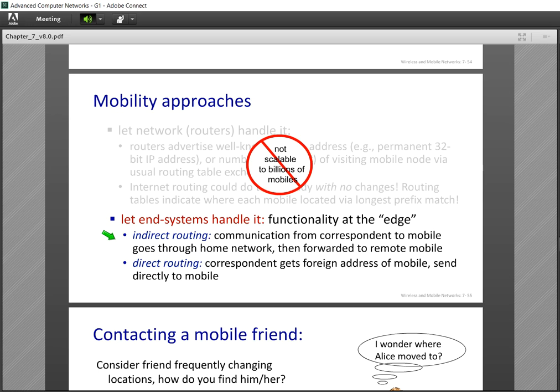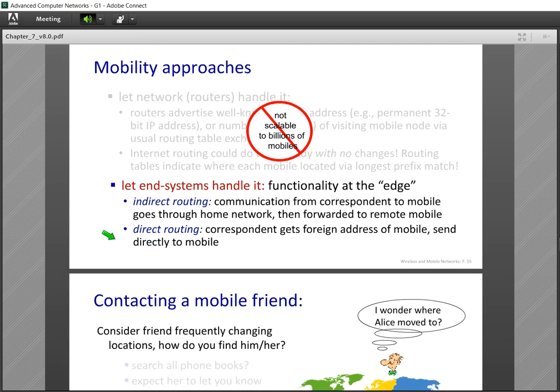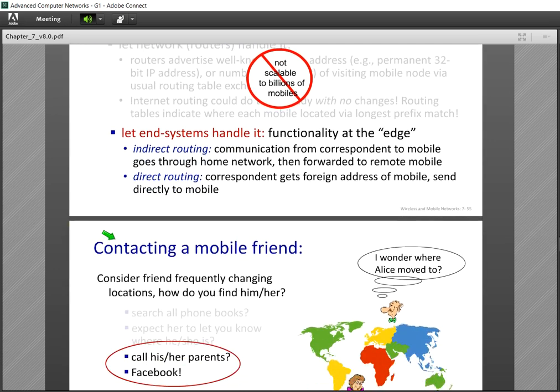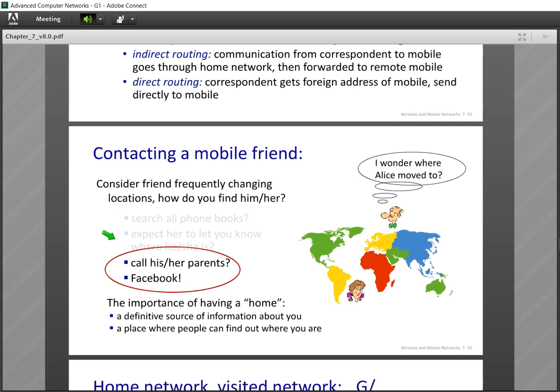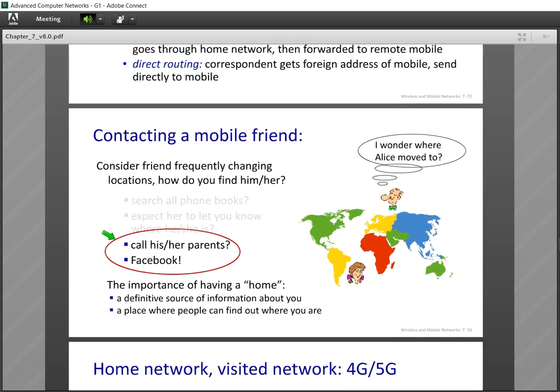In direct routing, firstly, the correspondent gets the new address of the mobile device, and then it can directly communicate with that mobile device. Okay, but before going deep into these strategies, let me show this example here.